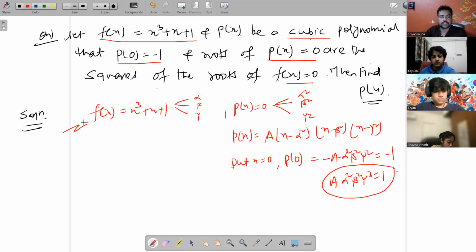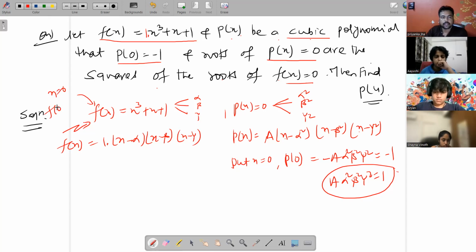This function can also be written in factor form like this. f(x) equal to, leading coefficient is 1, we know that. So 1 into x minus alpha into x minus beta into x minus gamma. From here, we can see that if you put x equal to 0, we get f(0) equal to 0 plus 0 plus 1. That is 1. So we have f(0) equal to 1.